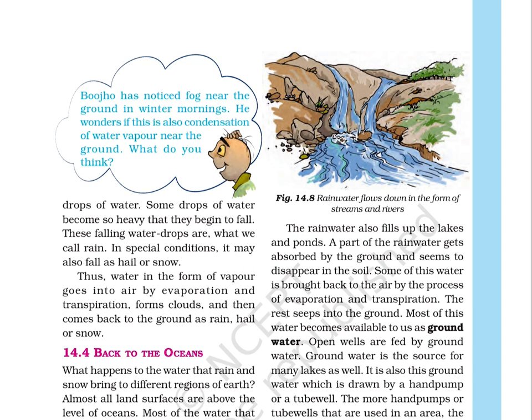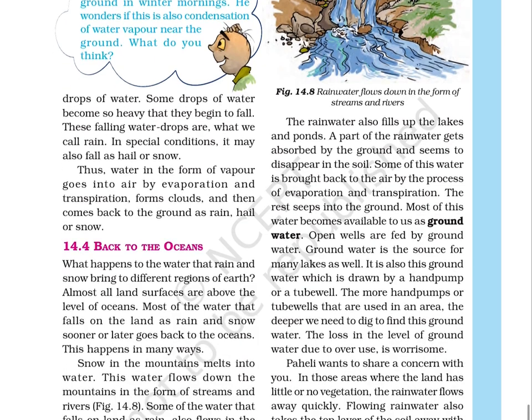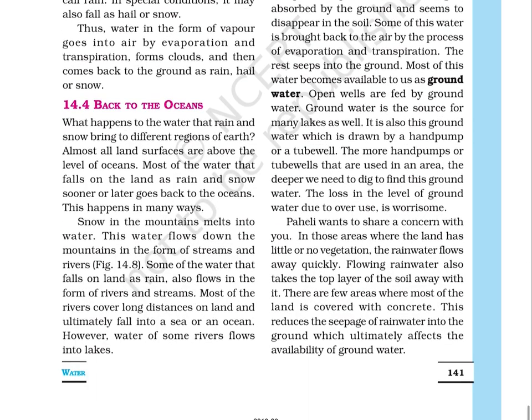Snow in the mountains melts into water. This water flows down the mountains in the form of streams and rivers, figure 14.8. Some of the water that falls on land as rain also flows in the form of rivers and streams. Most of the rivers cover long distances on land and ultimately fall into a sea or an ocean.